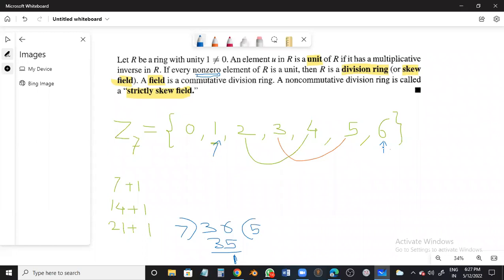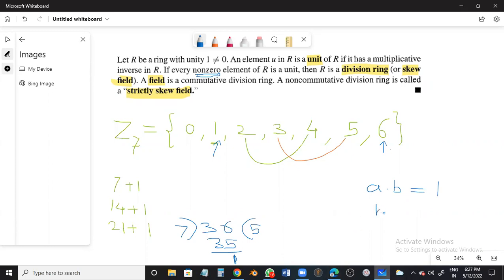So we try to define a unit element. Suppose I have an element A. When can I say A is a unit element? If there is any other element B such that A into B happens to be unity, then we say that. So A into B should be 1.